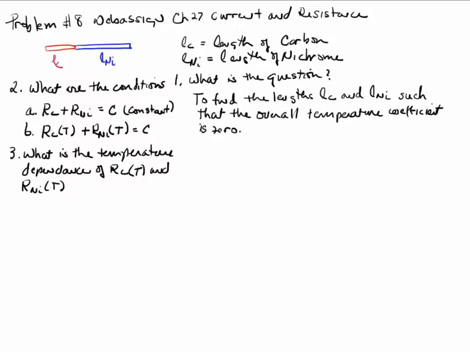Now, what is the temperature dependence of each section? Okay, R_C of T and R_Ni of T. How does each section depend on temperature, or the resistance of each section? I'll give you a moment to write that down.